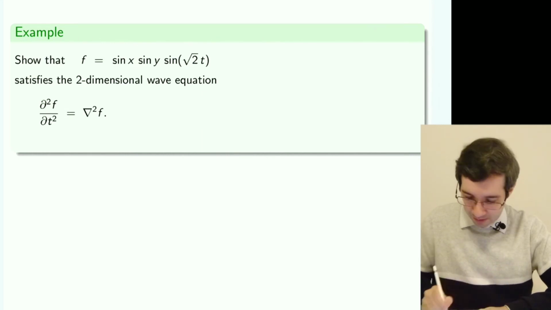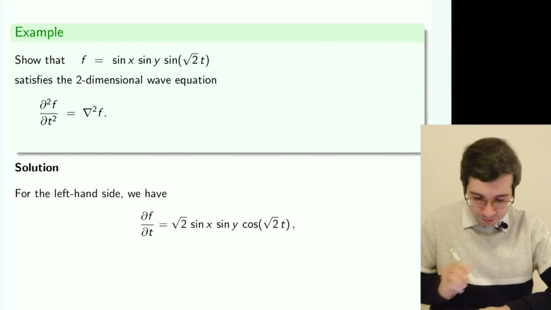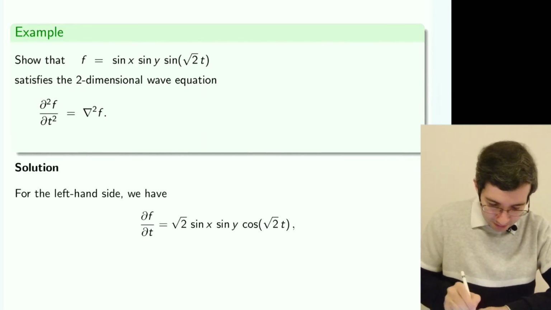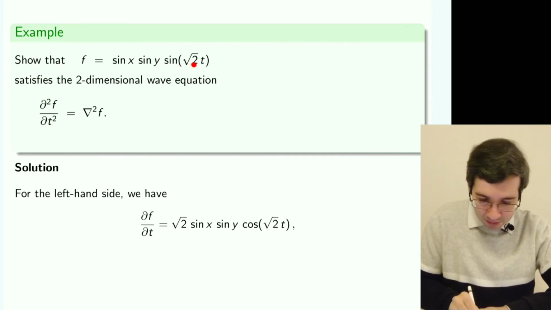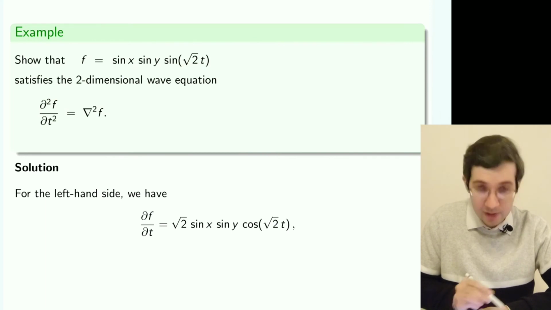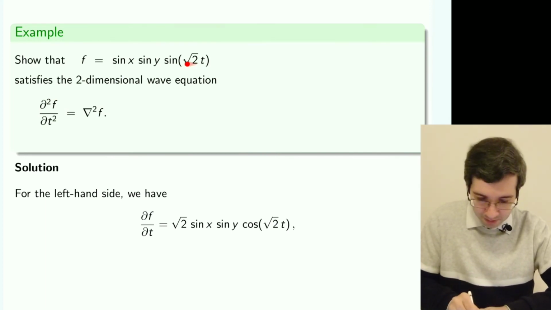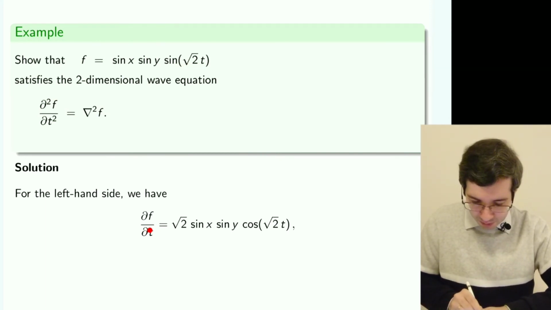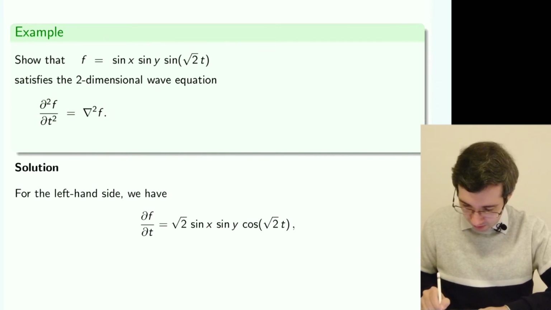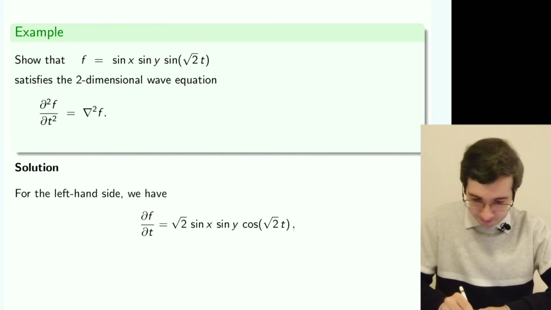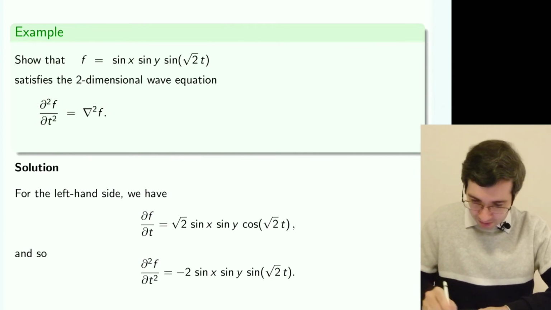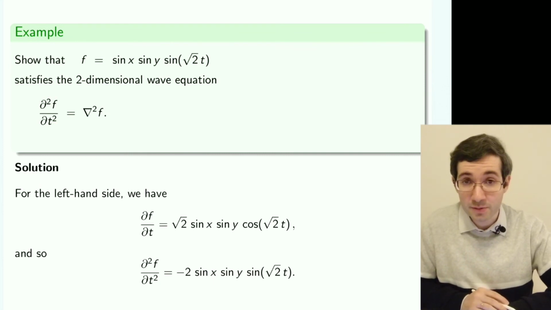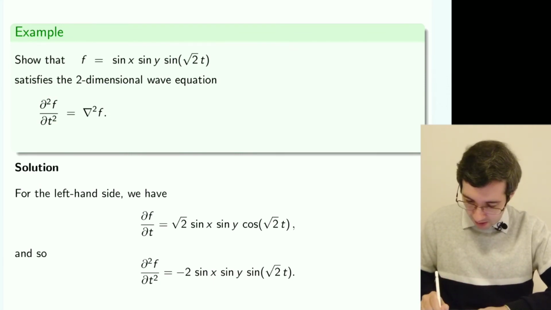Well, we need to use the definition. So first, let's look at the left-hand side of that equation and differentiate this function with respect to time, which is only contained in the last term. So we differentiate it once and then again. And we see that expression, right? Let's keep this in mind for a moment.